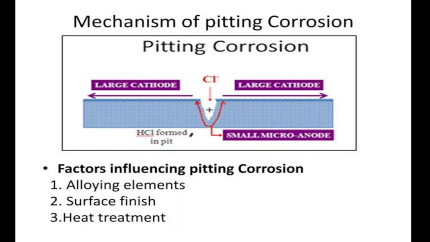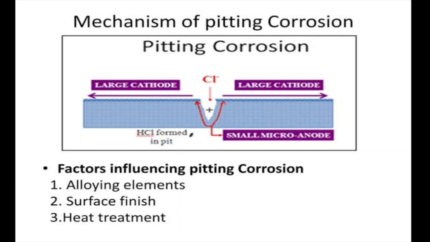But due to the presence of that particular pit, that is a small hole, a small diameter hole, it can be very narrow but very deep. So if any electrolyte enters or penetrates within that particular pit or hole, it is very difficult for that electrolyte to escape out due to the surface tension.